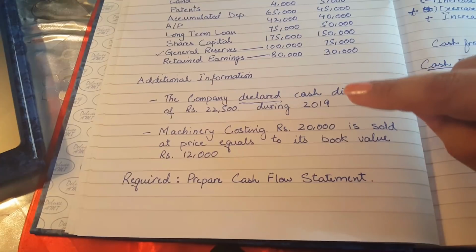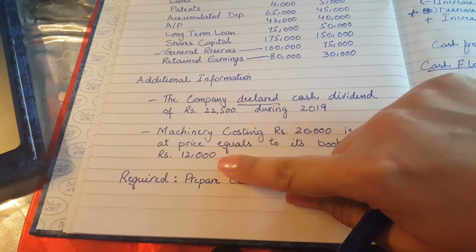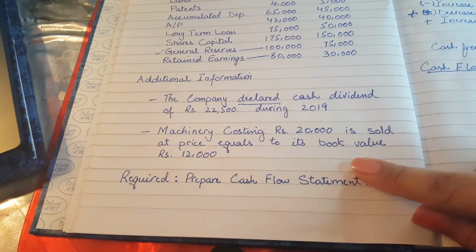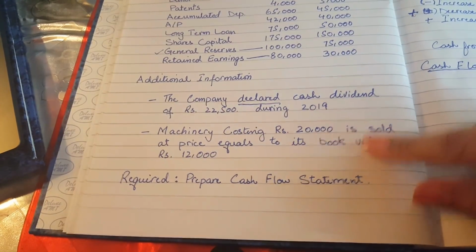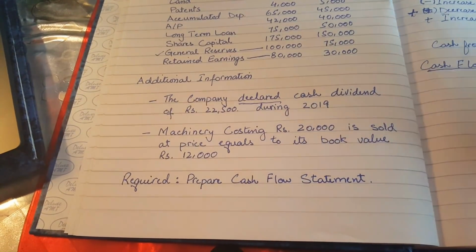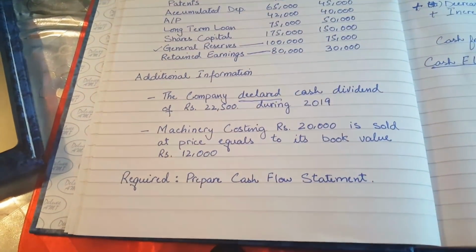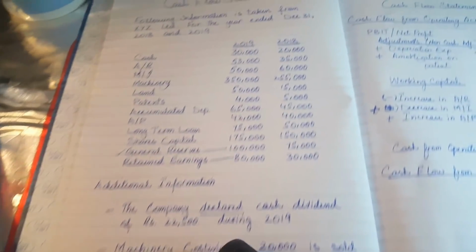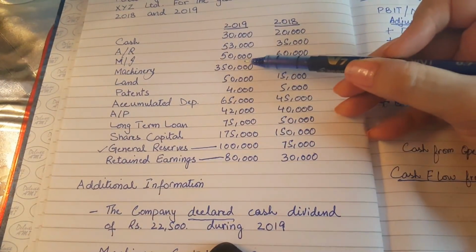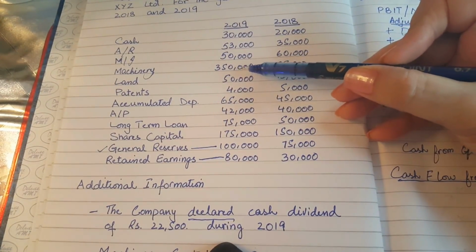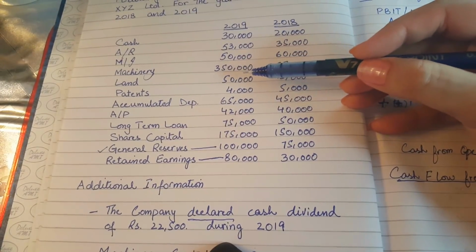So guys, here we have seen that the machinery item is sold at book value, that is 12,000 rupees. And one important point that we have to take into account in dealing with fixed asset accounts is depreciation. I told you at the start of the video that whenever we are given the accumulated depreciation account, it means that machinery shown here is at historical cost, that is the cost at which the machinery was actually bought.